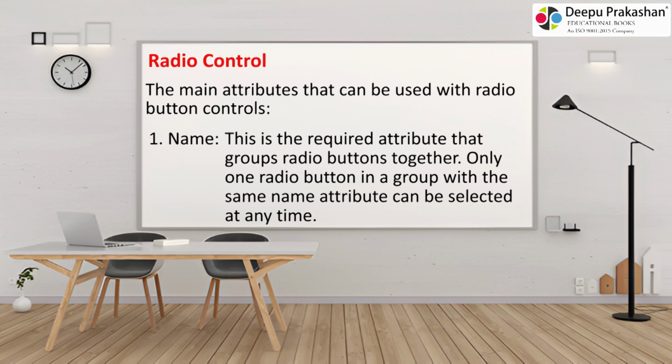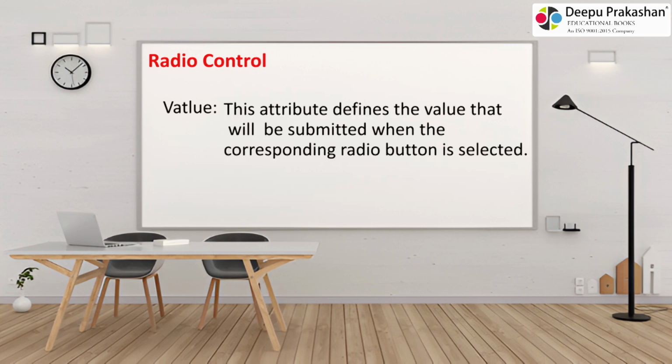The main attributes that can be used with radio button controls. Name. This is the required attribute that groups radio buttons together. Only one radio button in a group with the same name attribute can be selected at any time. Value.